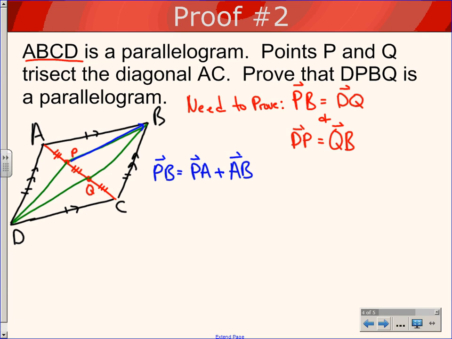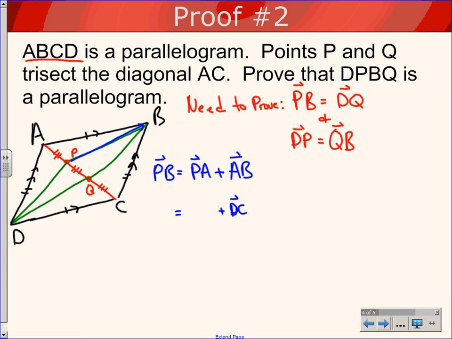Now I want to see what I can do with vector PA and vector AB. AB might be the easiest one to think about first, because we're limited in what we can do. AB is at the top, and remember the black shape that I have there we know is a parallelogram, so AB is the same as vector DC. So I can put that in. Change vector AB into vector DC.